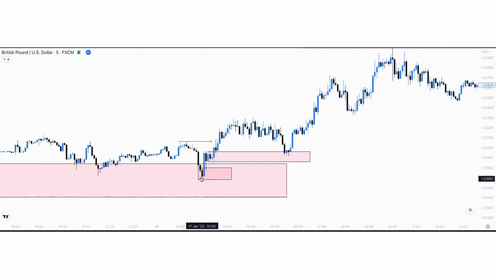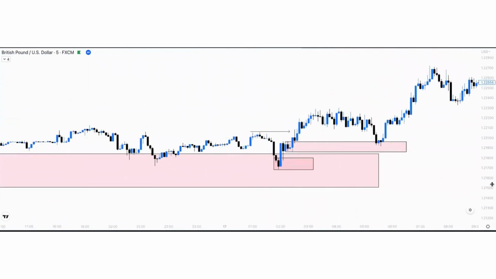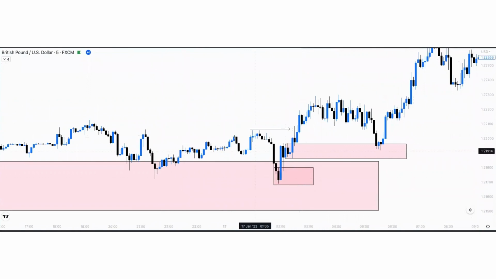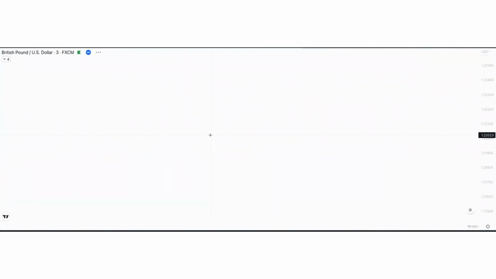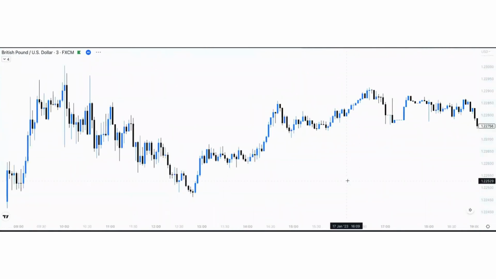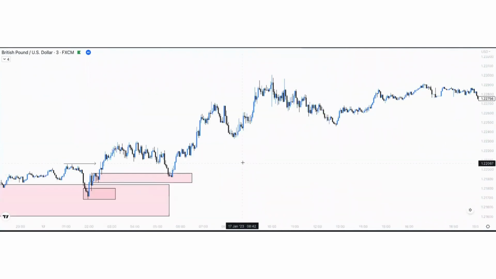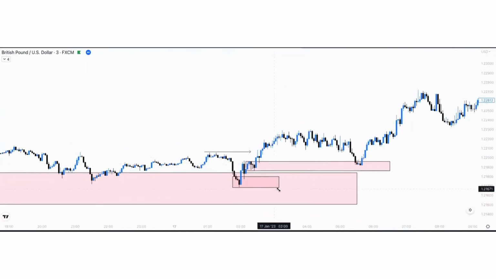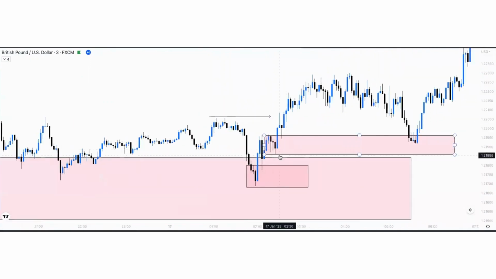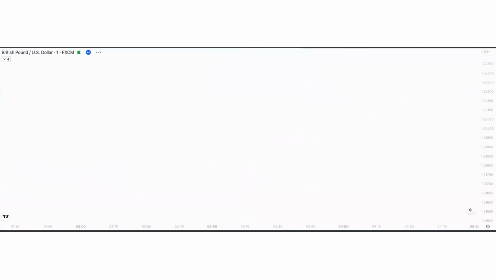So I'll go to the 3-minute time frame just to see how it looks when it pushes to the upside. Okay, so the 1 minute time frame.